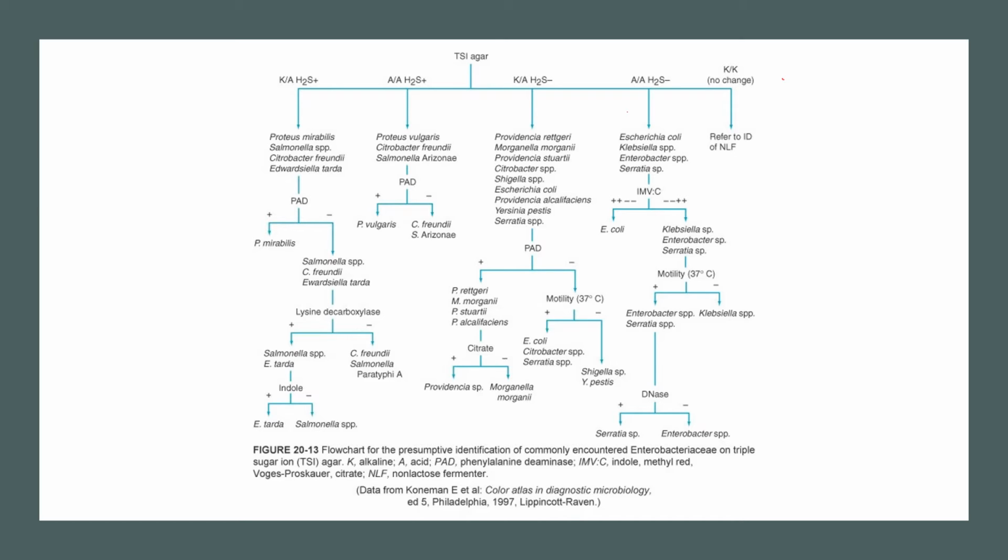As you can see, there are 4 possible reactions in this flowchart, excluding the K over K on the far right side. First is alkaline over acid, or K over A, H2S positive. Then you have acid over acid, H2S positive, alkaline over acid, H2S negative, and acid over acid, H2S negative. But first, let's be clear what these reactions mean.